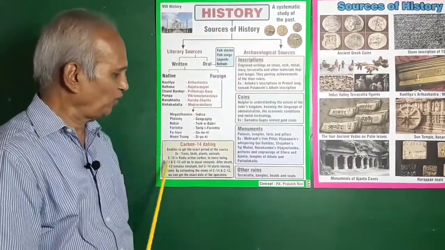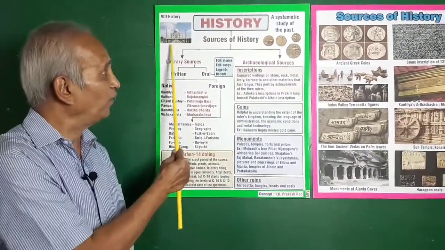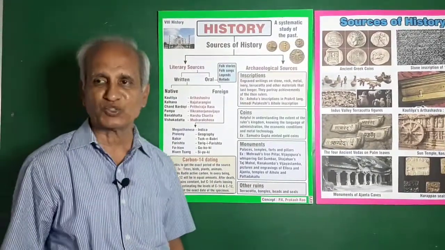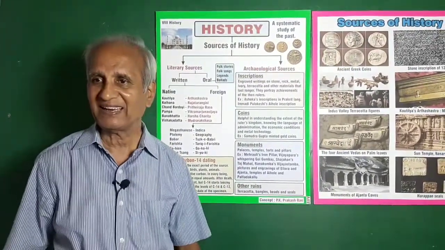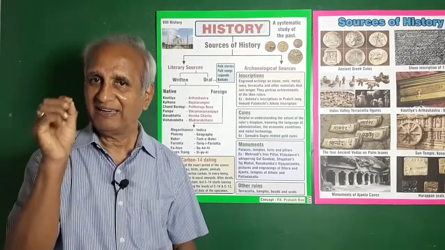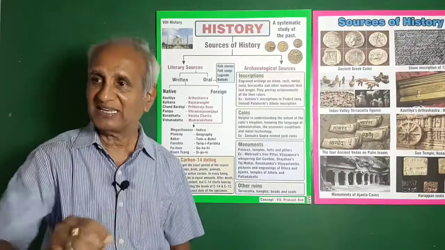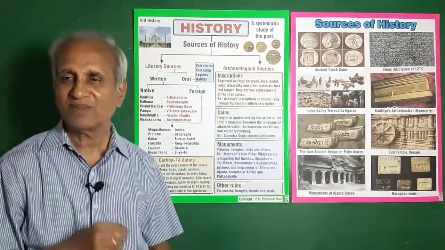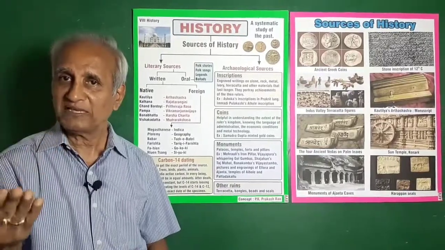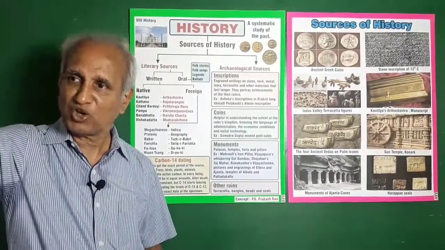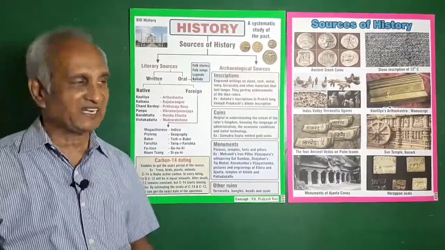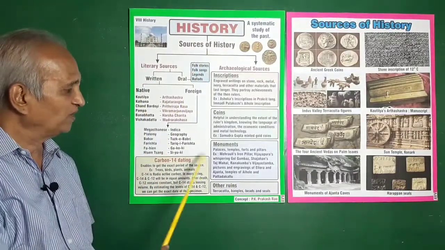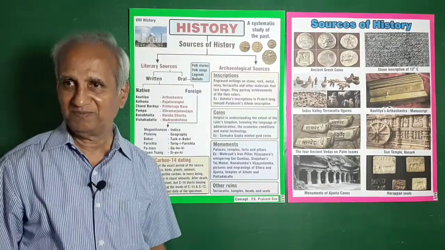Now, what we discussed so far was all about literary sources. What do you mean by literary? Literature source. What is written down or what is told by somebody and has been passed on from generation to generation. These are all in the form of words.